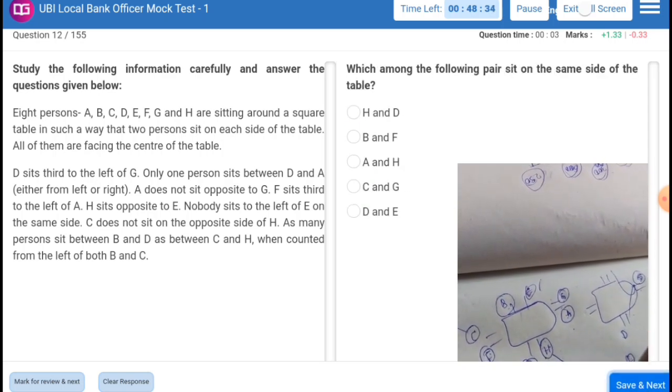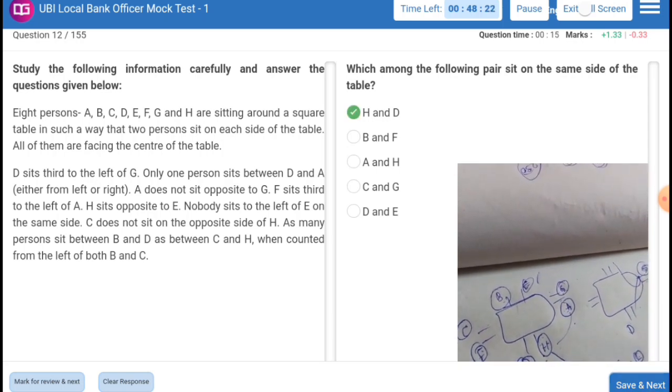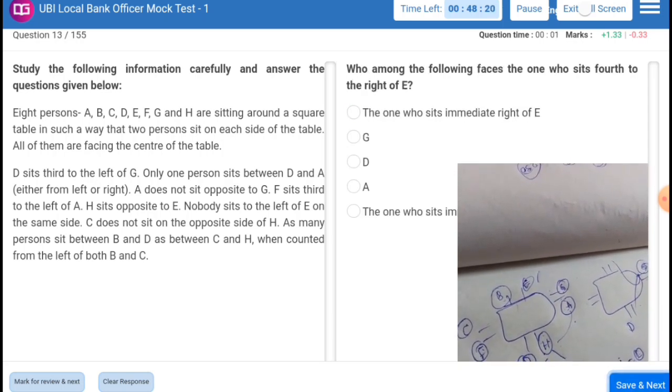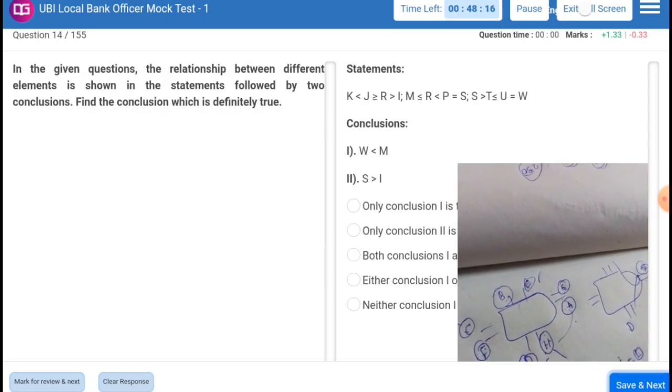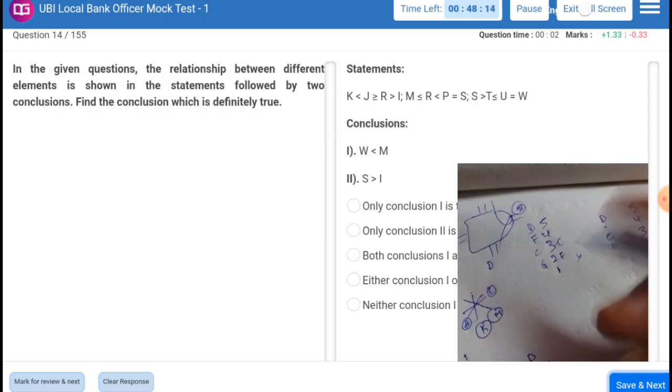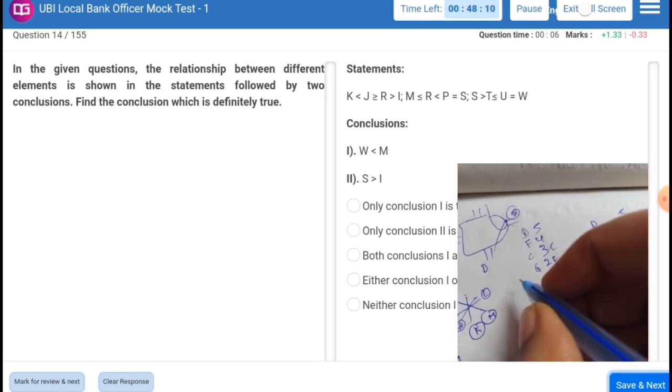H, D, B, F, A, C. D, E, H, D are on the same side. Among the following, fourth to the right of E is D. Next, W less than M.